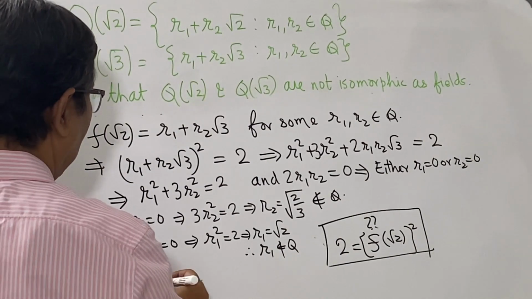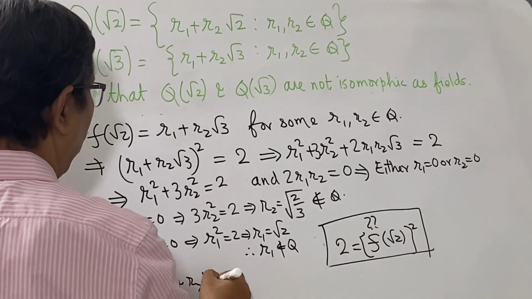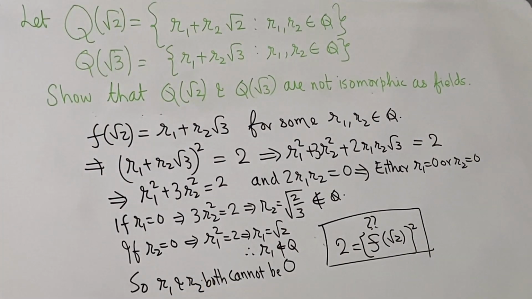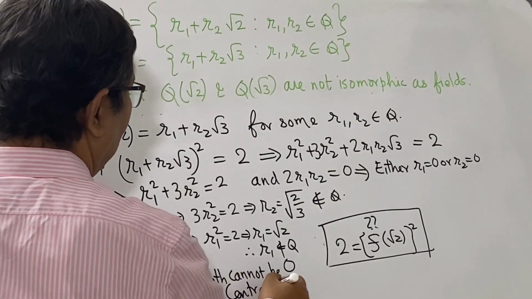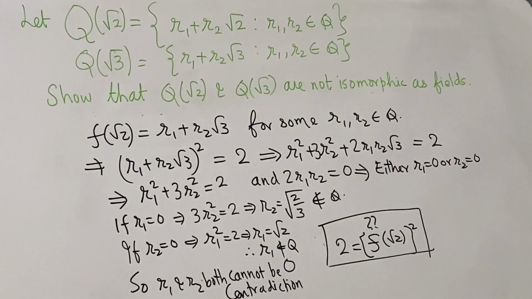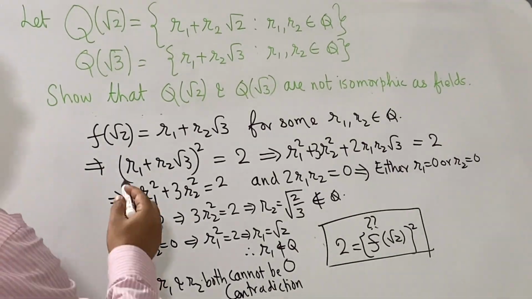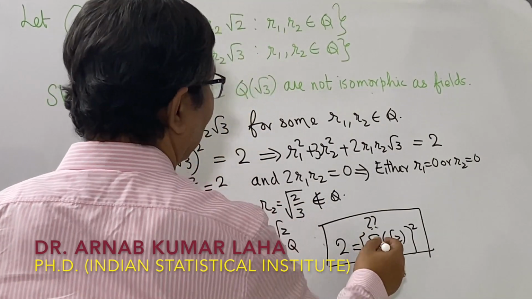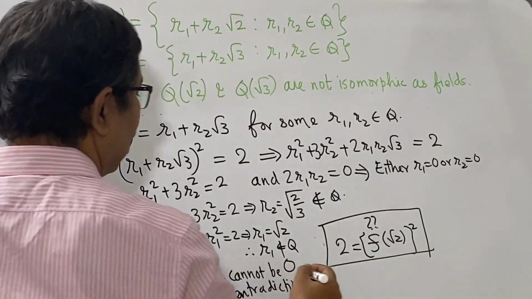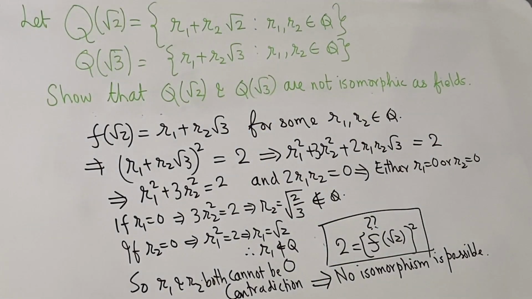So r1 and r2 both cannot be 0. But in that case, 2 r1 r2 is not equal to 0 and we arrive at a contradiction. So there is no element in Q root 3 which satisfies the condition that f root 2 square is equal to 2. Hence, no isomorphism is possible.